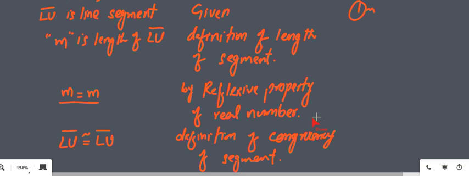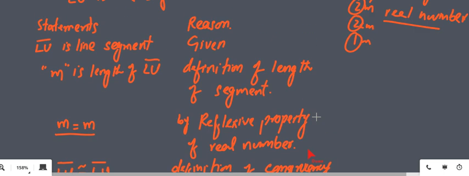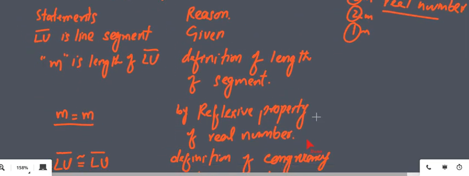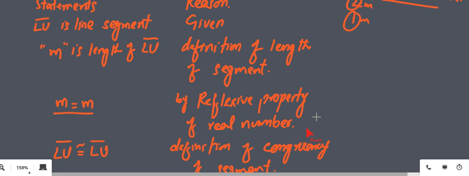Is there any confusion? You can see the whole proof. If you have any question, you can ask. I will explain this to you. These questions are very important and very interesting at the same time. You are given a statement, you have to write the statements, and you have to use them with the help of logic.